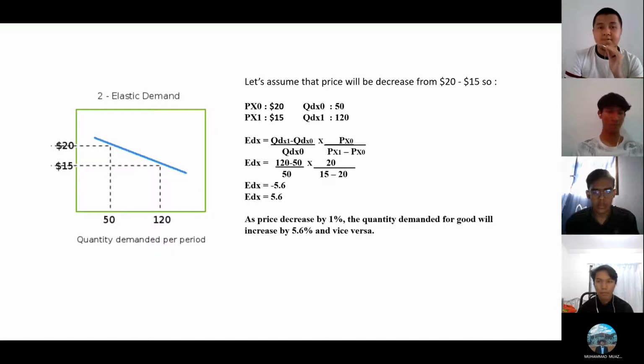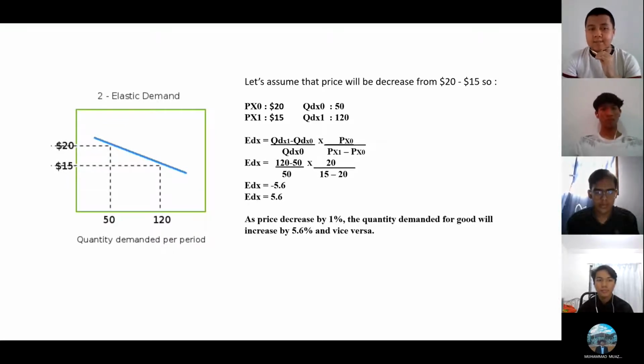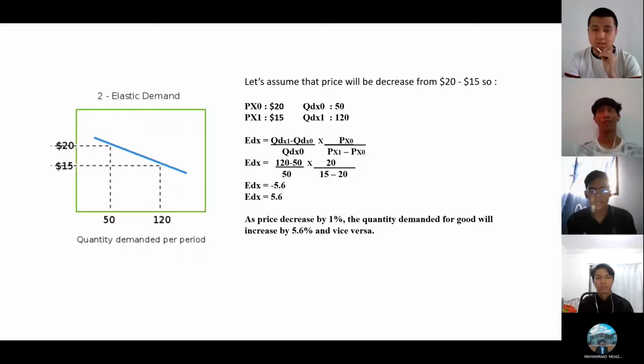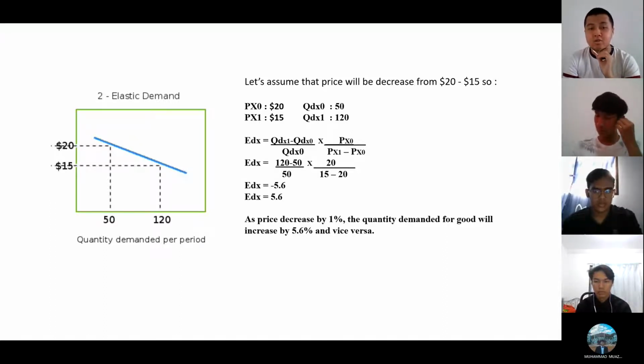Okay, now let's calculate for elastic demand. Let's assume the same as before, where the price decreased from $20 to $15. So the old price is $20 and the new price is $15. But the difference is in the quantity demanded, where our old quantity demanded is 50 and the new quantity demanded is 120.